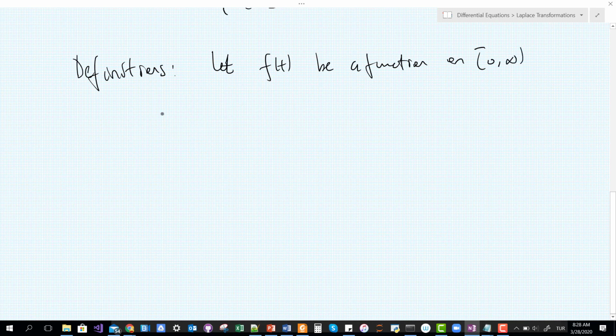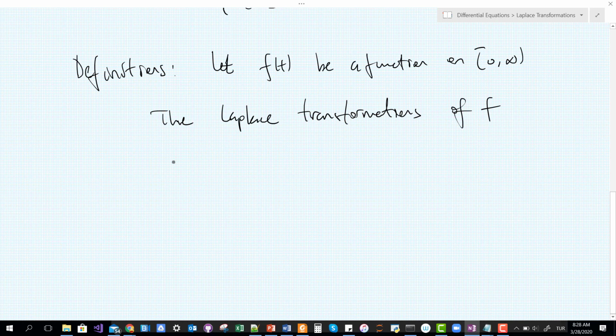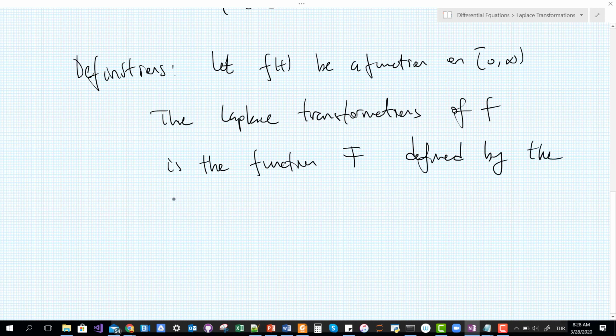The Laplace transformation, or Laplace transform of f, is another function, the function I'm going to call big F, defined by the following integral. So this is the Laplace transform of the small f, which is going to be big F, given by this integral.